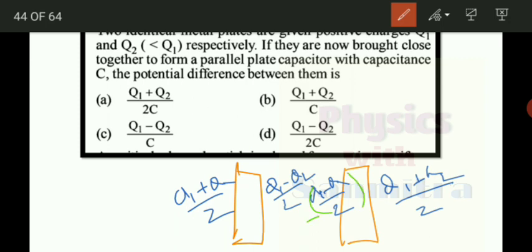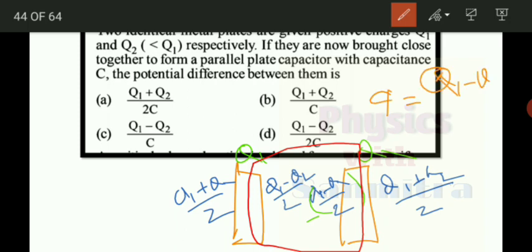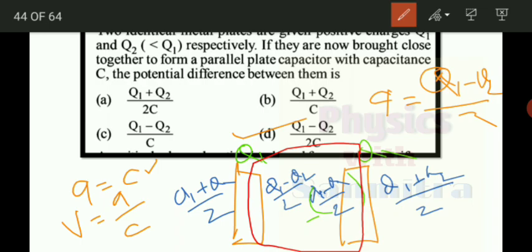If I add these two, I will get Q1, and if I add these two, I will get Q2. Now capacitance is formed by the inner charge, just the inner ones. So the Q for the capacitance is equal to Q1 minus Q2 by 2, and Q is equal to CV. So the potential difference V will be Q by C, so Q1 minus Q2 by 2C. This is my answer.